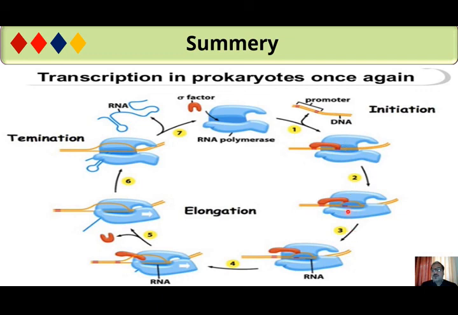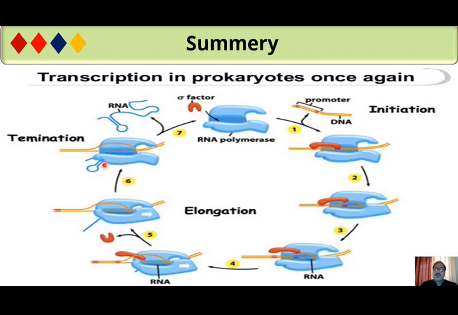Then some nucleotides are cleaved, and it becomes an open structure, and once the mRNA is synthesized, the sigma factor is released. This becomes a ternary structure, and after that the elongation process begins.